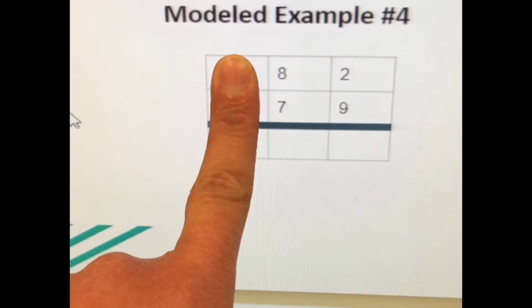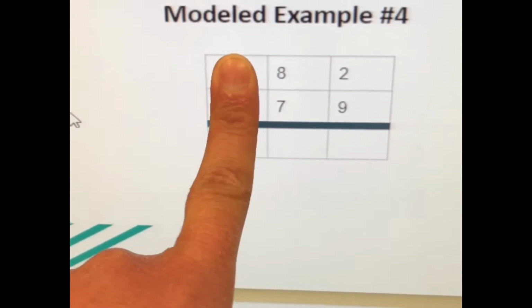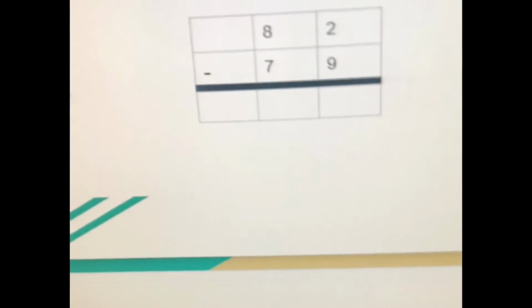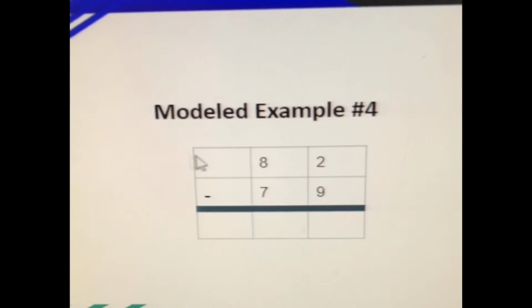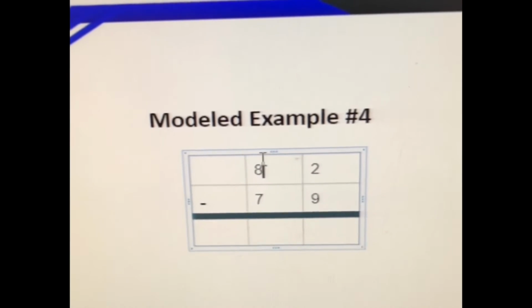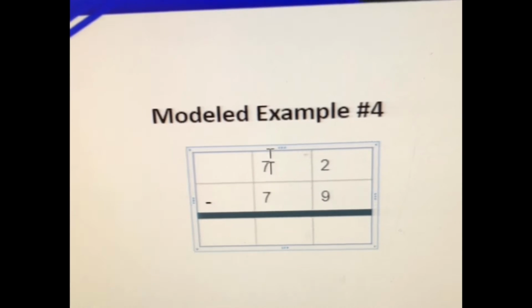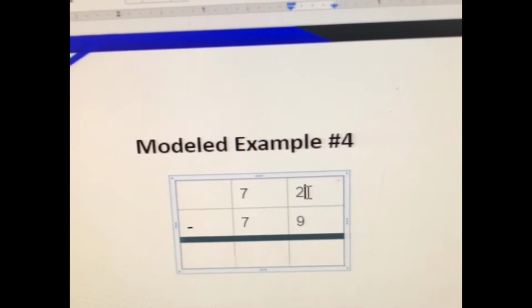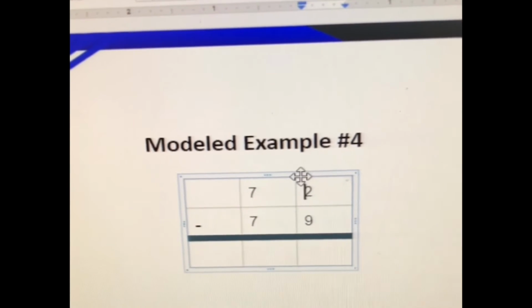And then we have 8 minus 7 in the tens place. Alright, so again, the first step, we got to take away 1 from the tens place. So 8 minus 1 is 7. Now we have to add a 10 to the ones place.